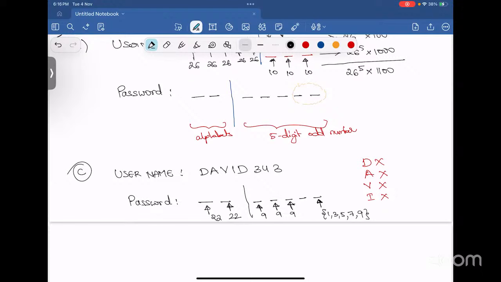And also, the last digit of the password must be larger than the second last digit. So if I choose 1 as my last digit, then definitely my second last digit should be lesser than 1, which is 0, and 0 is not allowed.